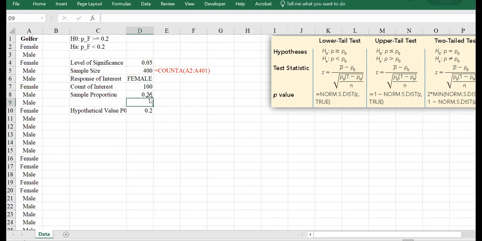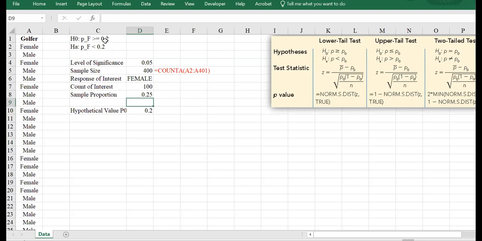This 25% is to the right of 0.20. So this does not give me enough evidence to reject the null hypothesis. It's kind of supporting the null hypothesis. That's what I mean by not being able to reject the null hypothesis.